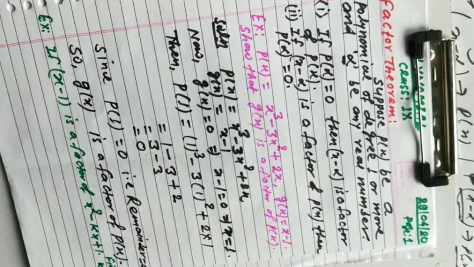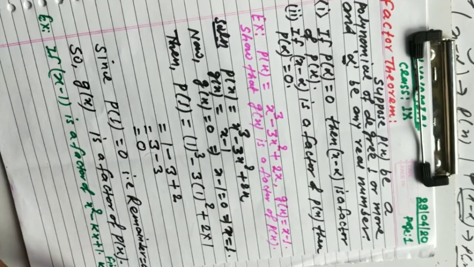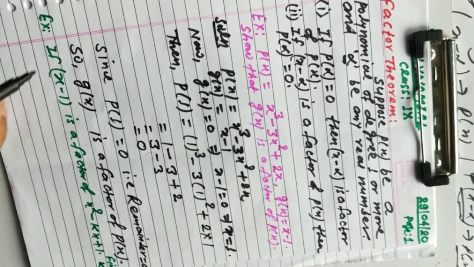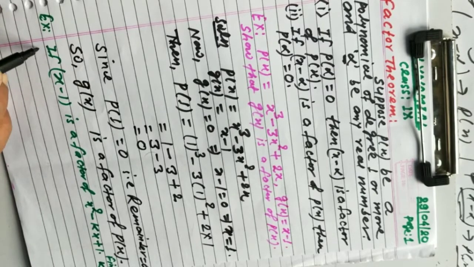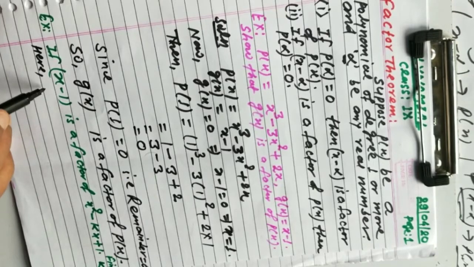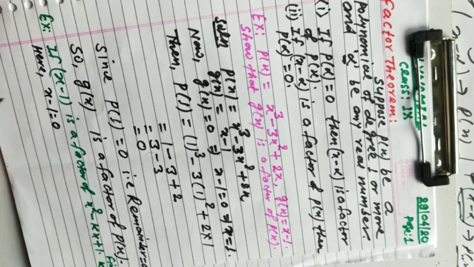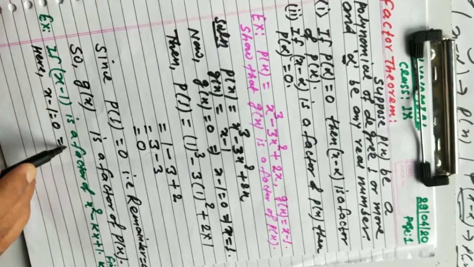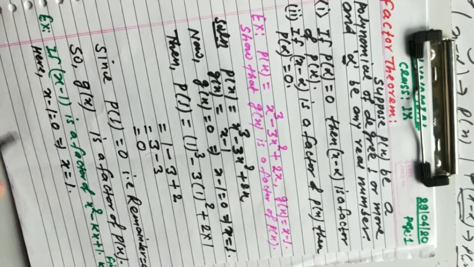If x minus 1 is a factor of this polynomial, then we have to find the value of k. So here x minus 1 is equal to 0. This implies that x is equal to 1.